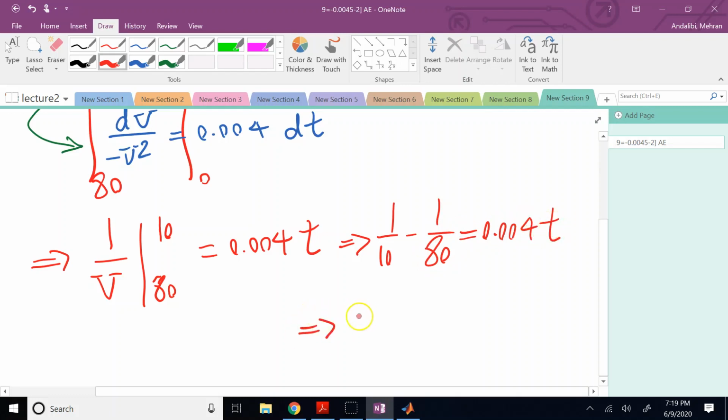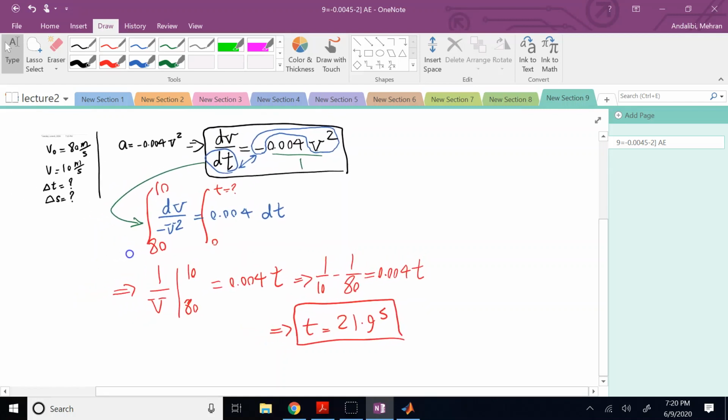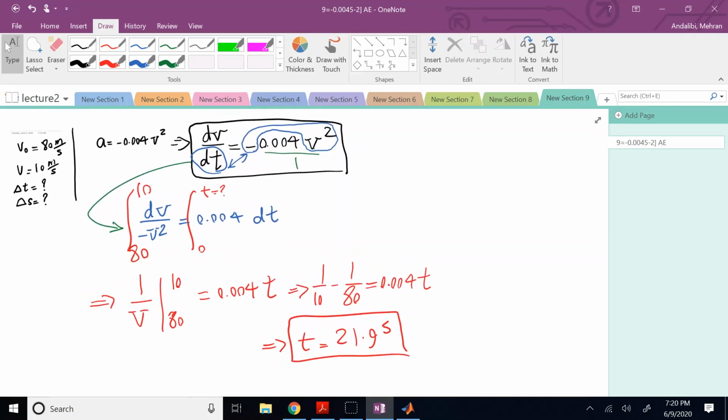Therefore, t, or delta t in this case, because initial time is 0, you can find that it is going to take 21.9 seconds for the airplane to go from 80 to 10 meters per second with the help of the parachute.